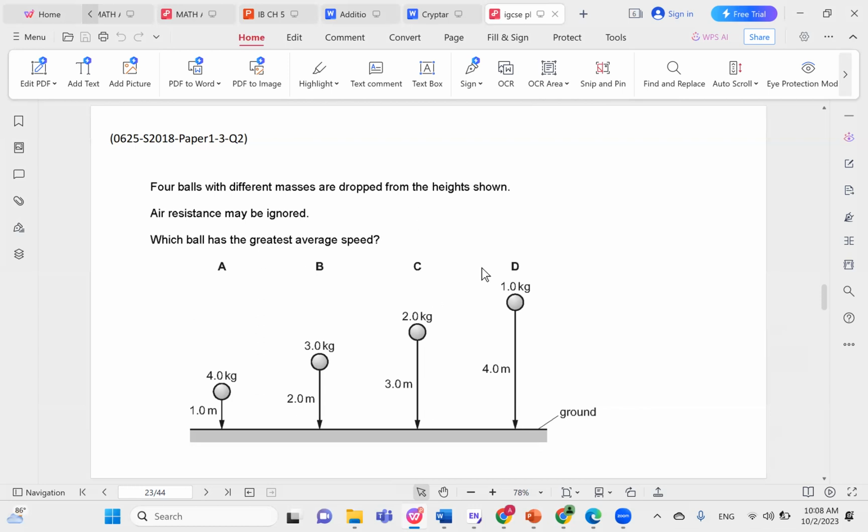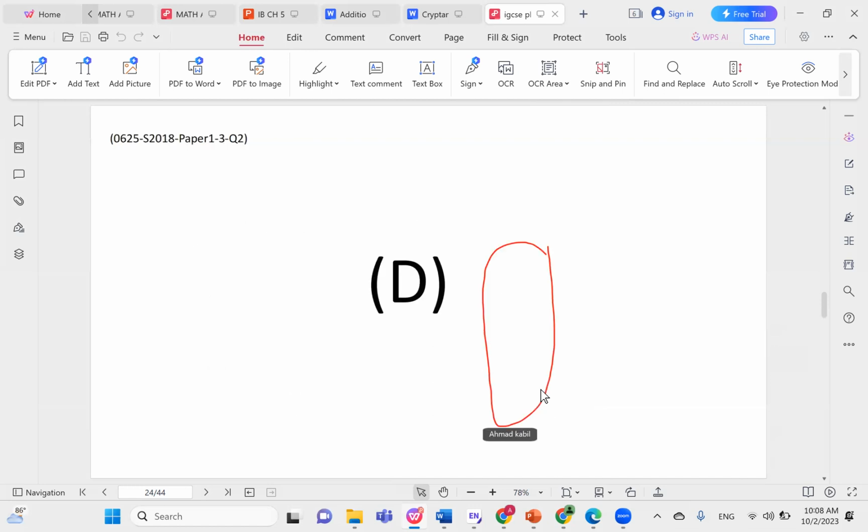So therefore, this ball has the greatest average speed. And you can just think about this using your common sense. If a ball is dropped from a greater height, it will keep picking up speed, and it will hit the ground with the greatest speed. So the correct choice here is choice D.